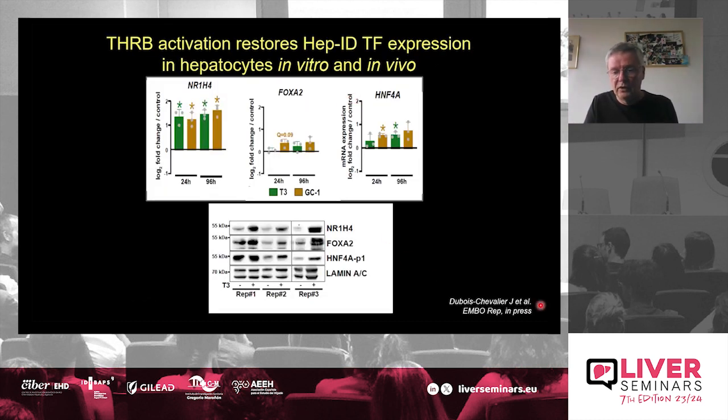And what we showed in this paper, which I think meanwhile has been published, is that when we activate the THR beta nuclear receptor factor in these hepatocytes, this leads to a reappearance of classical HepID transcription factors such as HNF4, FOXA2, and FXR. So this seems that activating thyroid hormone receptor beta with an agonist can also restore HepID functions.